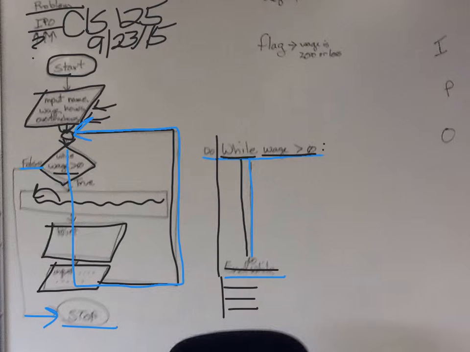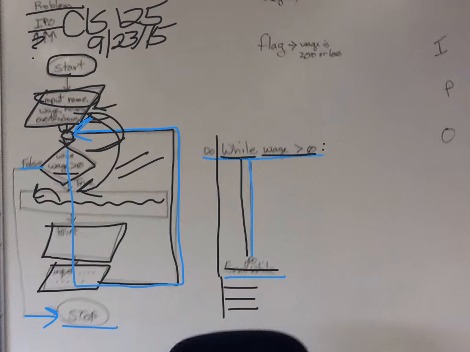Now, a side note here, what you could do is input the name here, and then inside your loop, input the other two values.